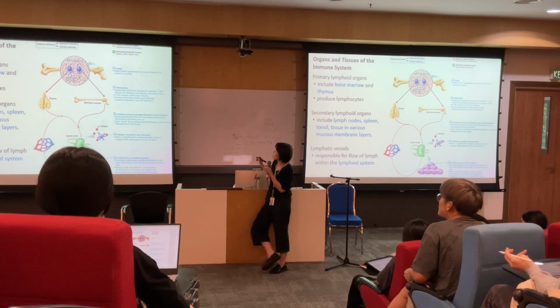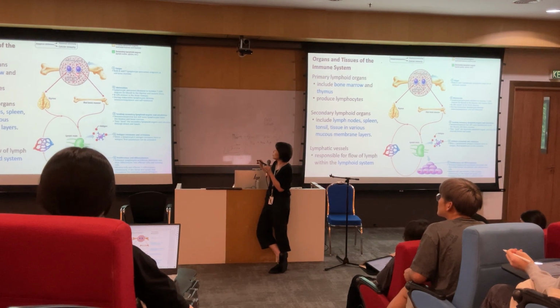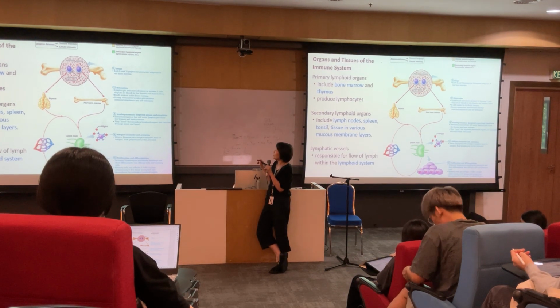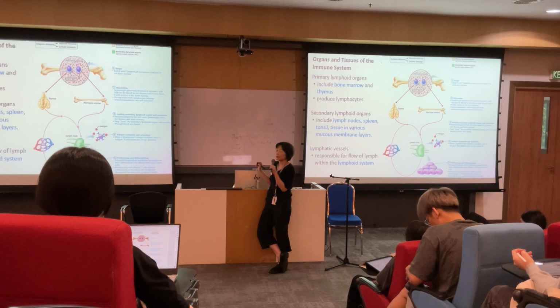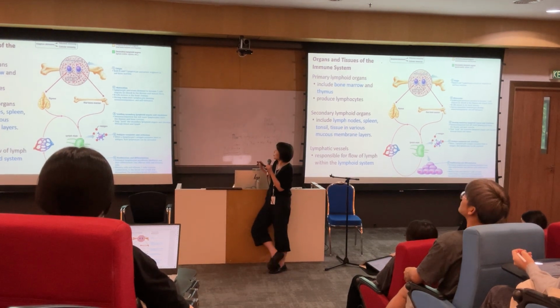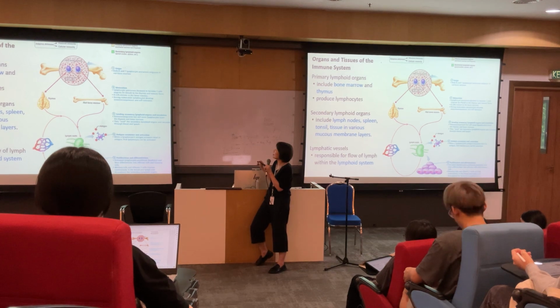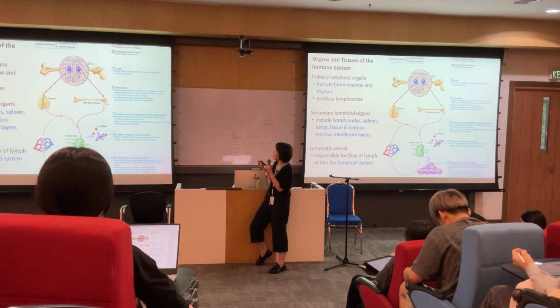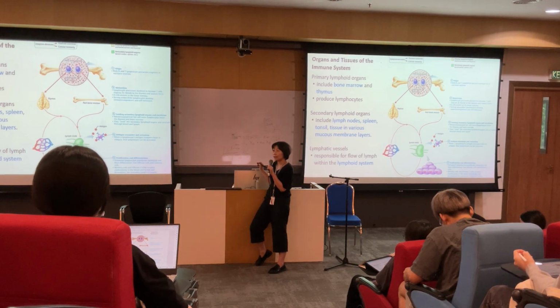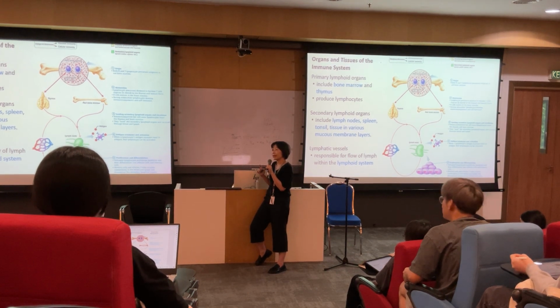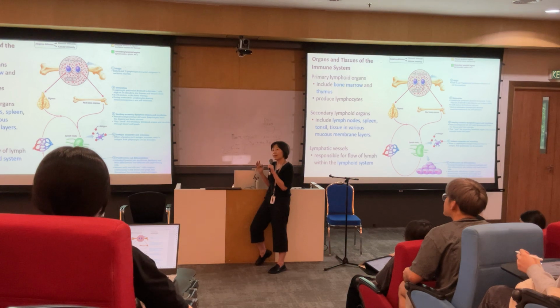So, as the example given here, B cells and T cells are also part of the immune cells, right? They also come from the hematopoietic stem cells from the bone marrow. So they are precursor cells, and because they are stem cells, they are pluripotent, meaning they have the ability to differentiate into different cell types.